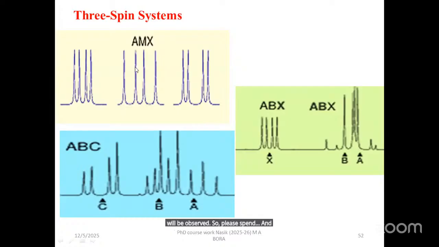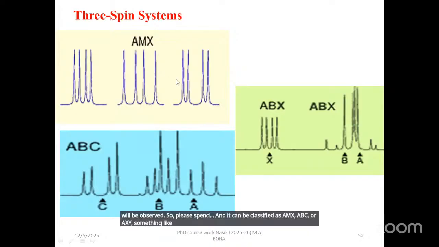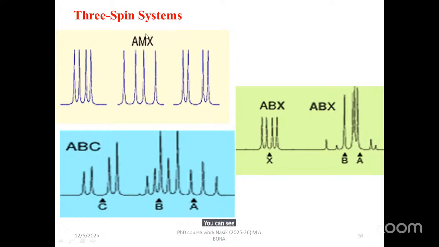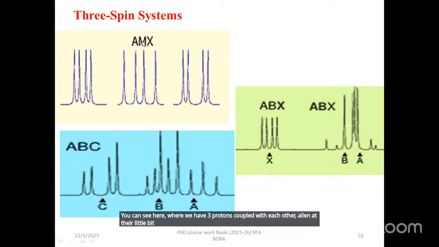Three spin systems can be classified as AMX, ABC, or AXY, something like that. You can see here, when we have three protons coupled with each other, A will appear as a doublet of doublet, M will appear as a doublet of doublet, and X will also appear as a doublet of doublet. What does this AMX indicate?